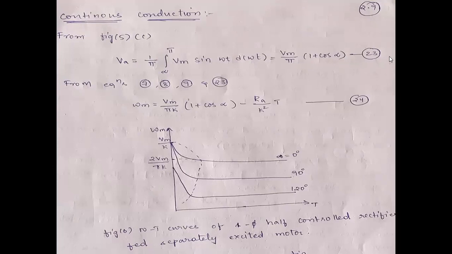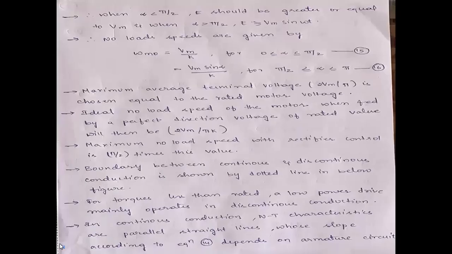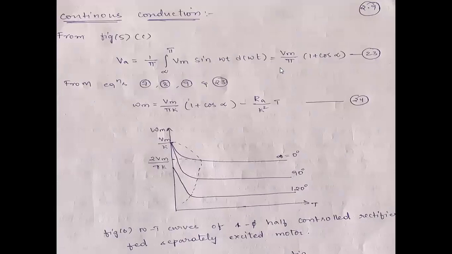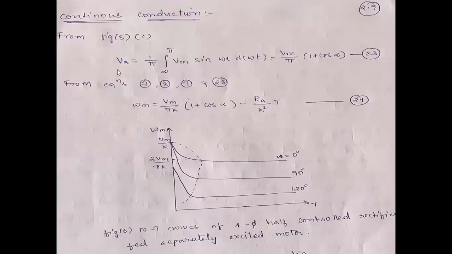The 13th equation is VA equal to 2 Vm by pi cos alpha. By having these two equations, we can find the value of VA for both fully and half controlled rectifiers.